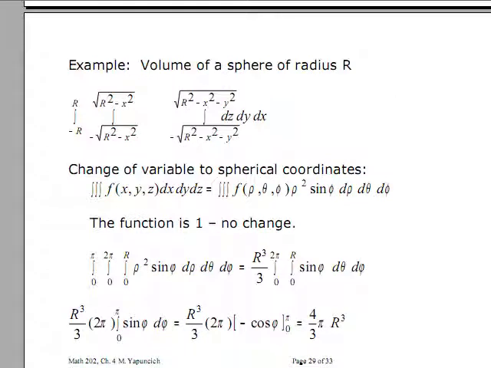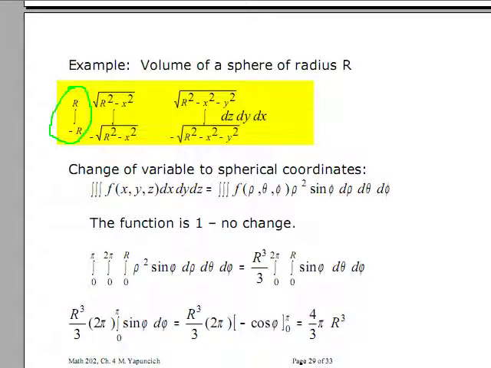Let's use this to calculate the volume of a sphere. If you want to write it in Cartesian coordinates, it is this unwieldy triple integral in terms of dx, dy, dz. Remember, you would obtain these limits by picking one variable to have constant limits. In this case, it would have been x.